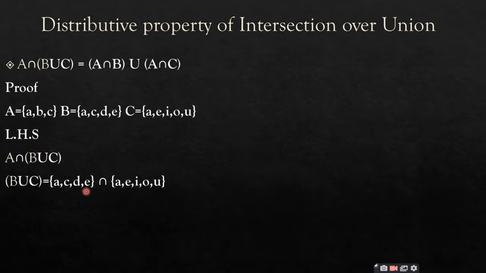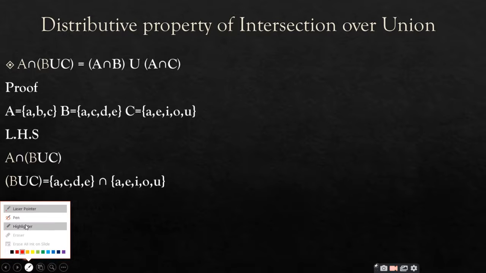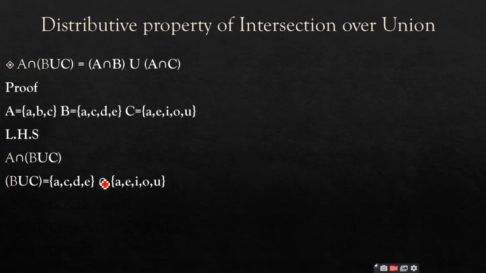For this we just write the set B and then the union sign. This is the union sign. And then set C. And in a union set we just write the elements in a sequence from both sets.